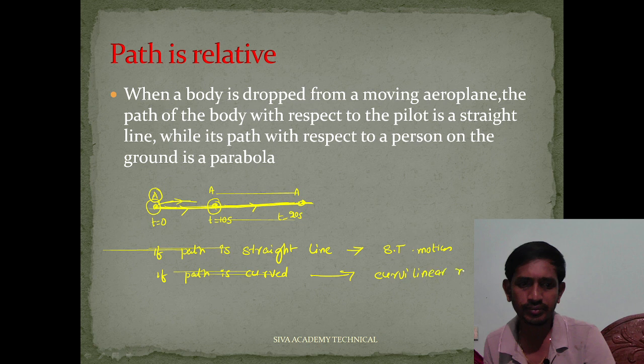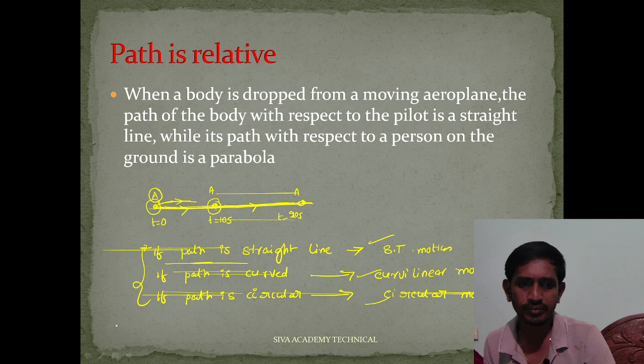If the path is circular, then the type of motion is called circular motion. If the path is linear, the motion is called linear motion. So, according to the path, we can say these are the types of motions.